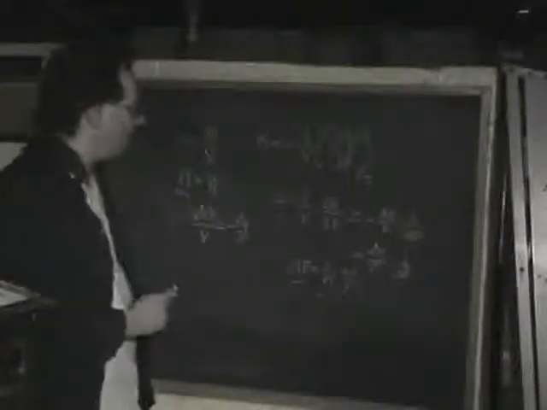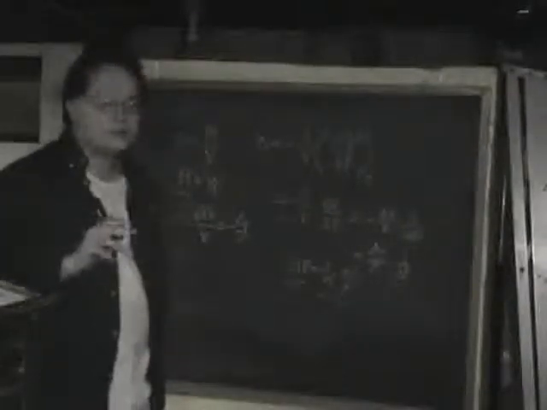In other words, the change in pressure is going to be the inverse of the isothermal compressibility of the fluid times the percentage change in density.